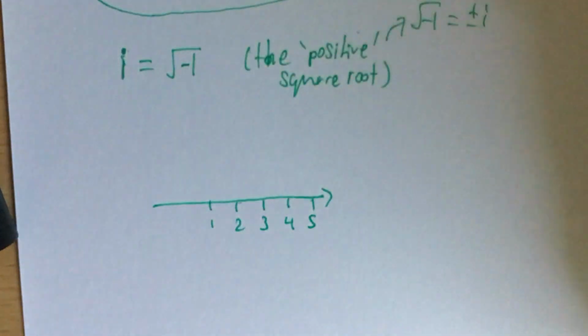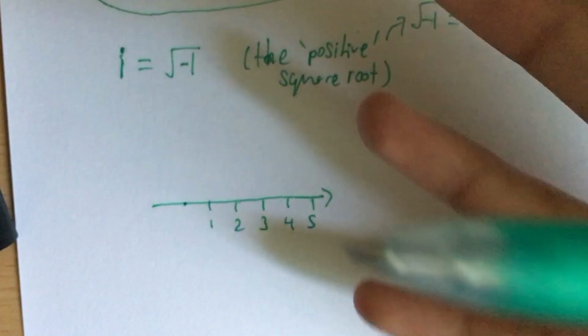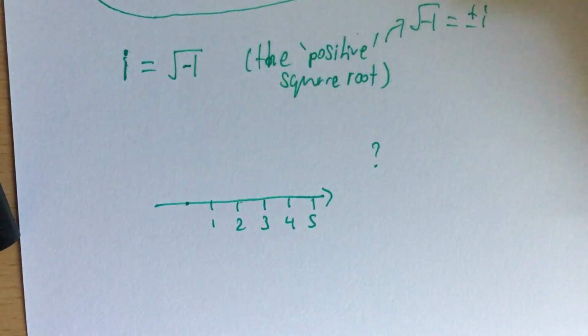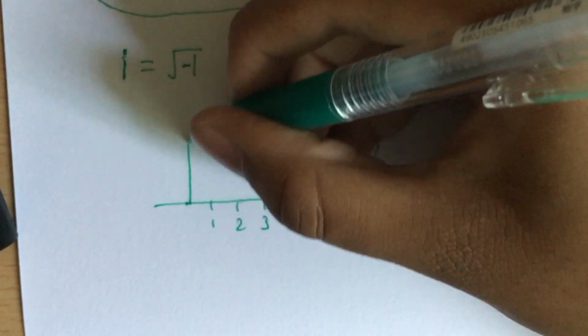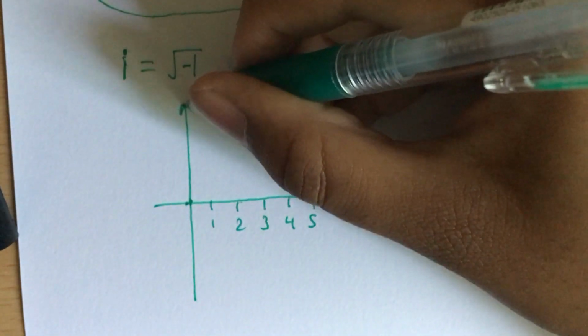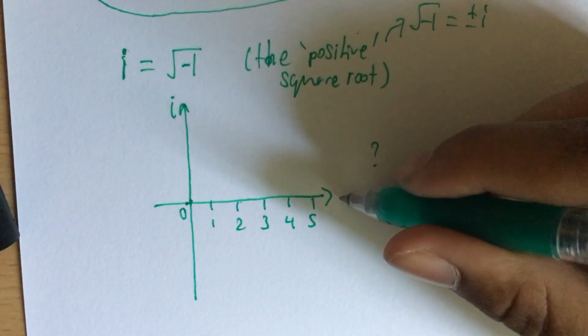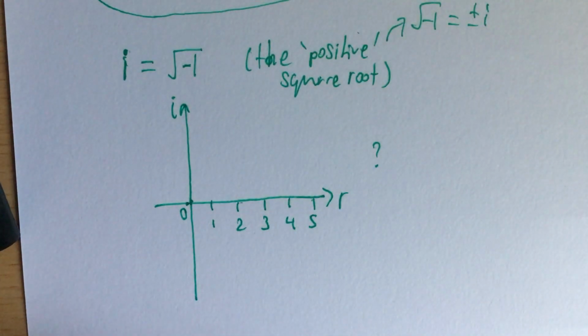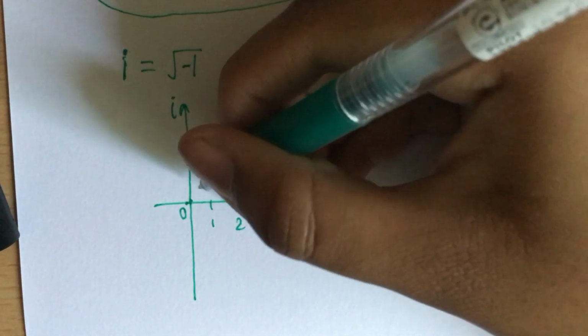But once you include complex numbers, where do they fit in? They don't fit into that real axis. That's why they created another axis vertically for the complex number: the imaginary axis, where you have i, 2i, 3i, 4i, 5i, and so on.